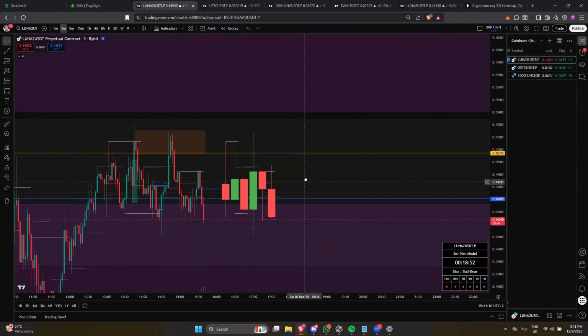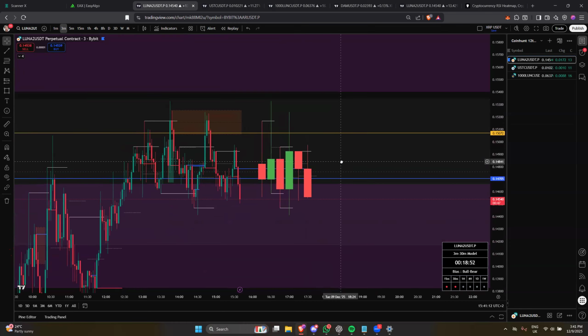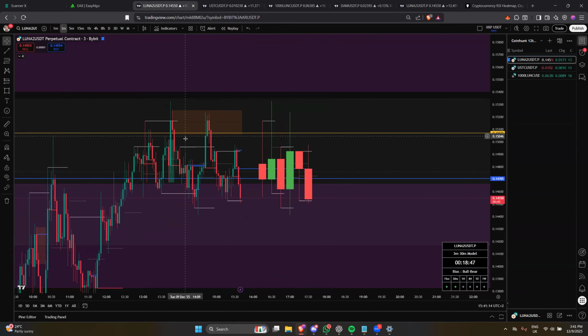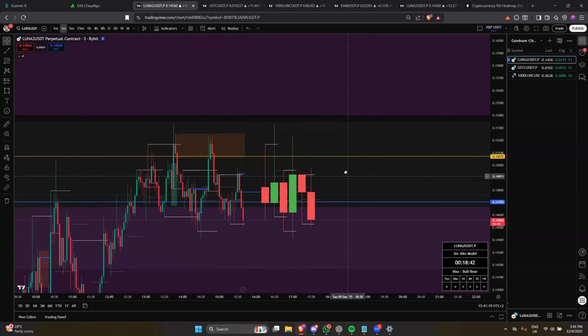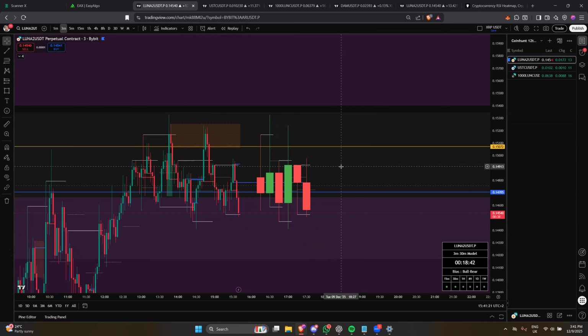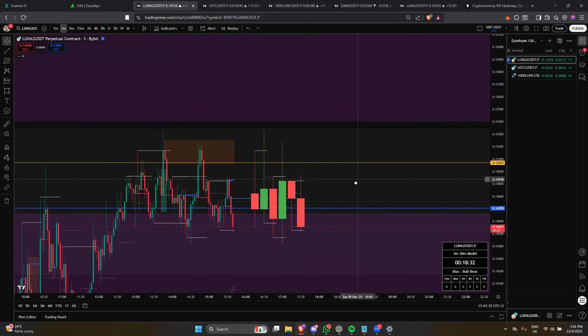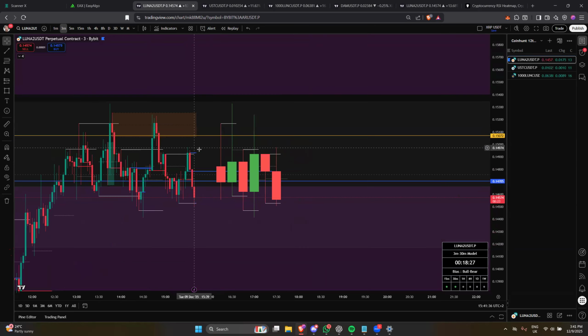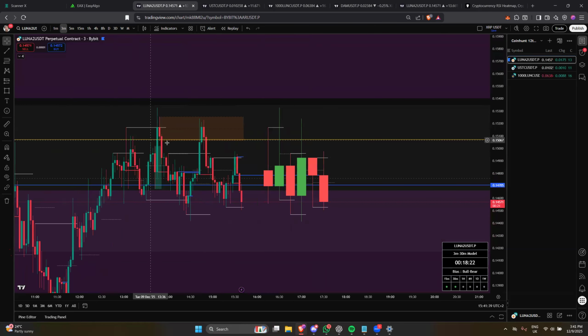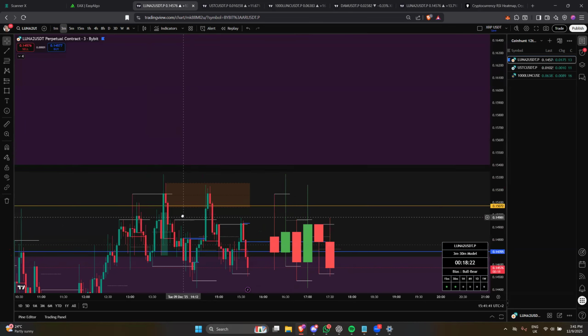If you don't have a specific one, this is a really good model. But at the same time, it's not the only one you have to use. You can also trade purely off divergence, and you can trade off just using MA, once the MA lines change, or your fibs. Those are entry levels as well. But this one's a very simple one. If anyone's learning trading, this has got to be the number one thing you learn.